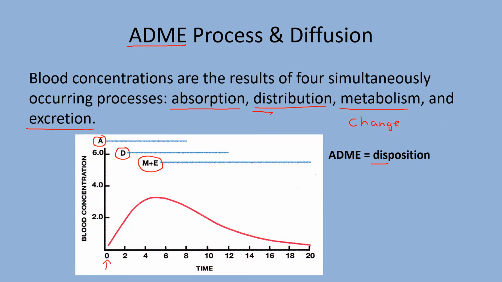And notice that they combined M and E, metabolism and excretion. Together, M and E is known as drug elimination. So you have elimination and you have excretion. Just be very careful; they use very similar sounding terms. Drug disposition is ADME, drug distribution is getting it to the site of action, and metabolism and excretion are collectively known as drug elimination.